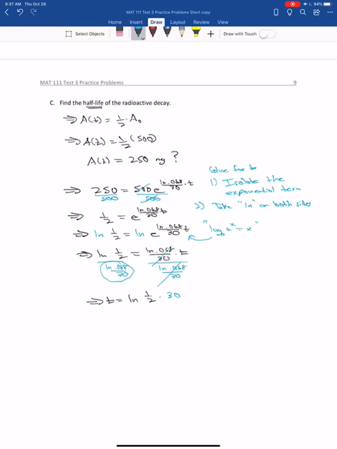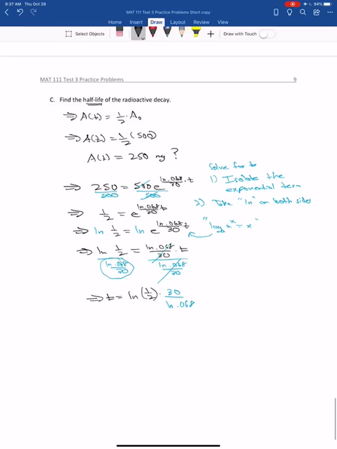So times 30 over the natural log of 0.068. So that's what we're ready to type in. Keep in mind, this is natural log of 1/2 times 30 over natural log of 0.068. Let's see what we come up with for our time value.